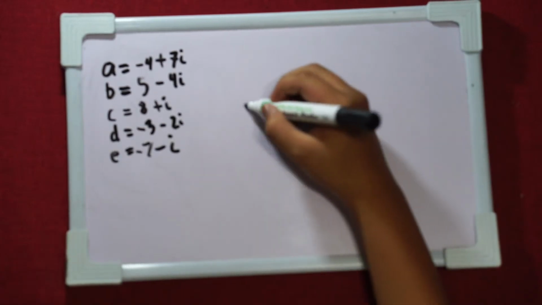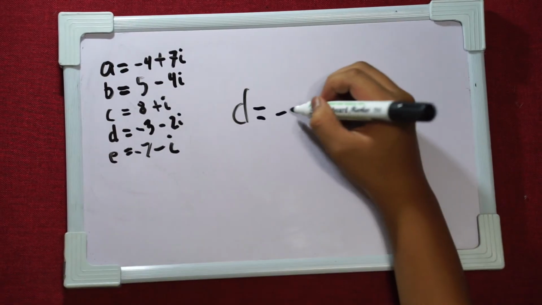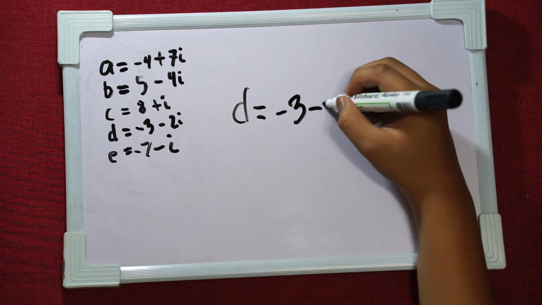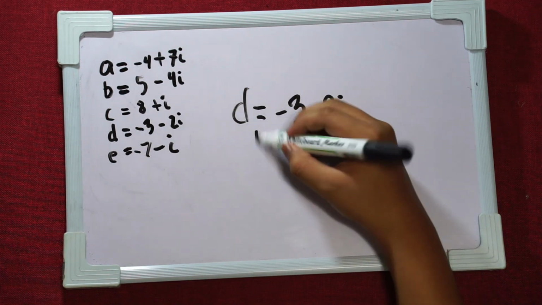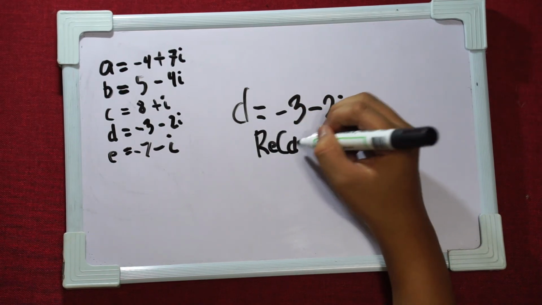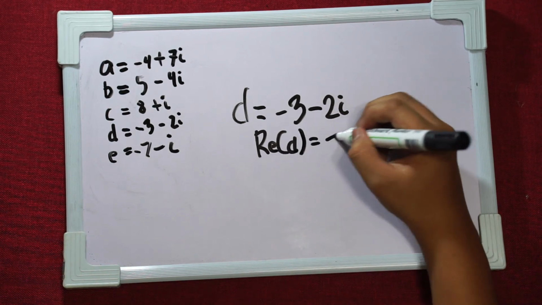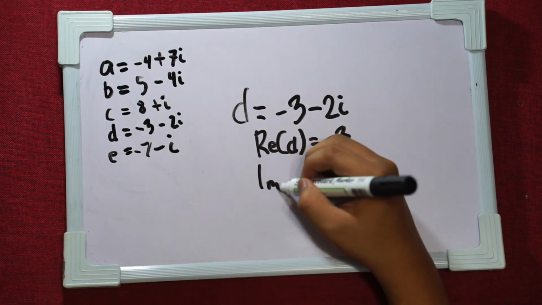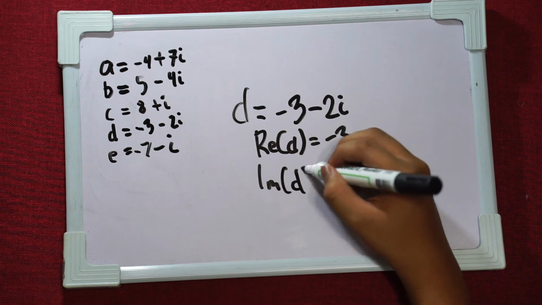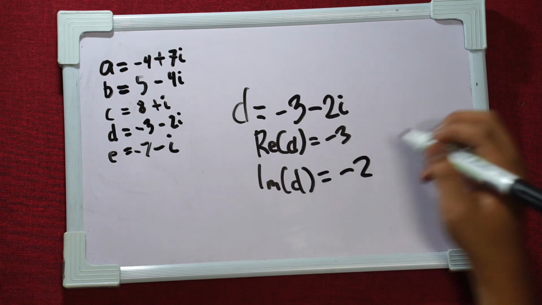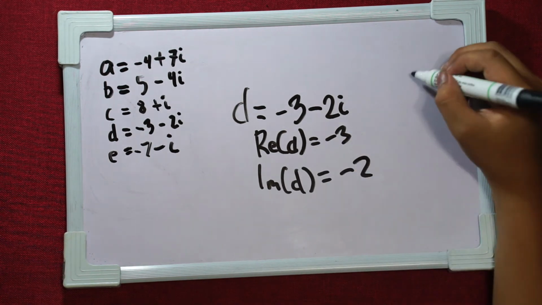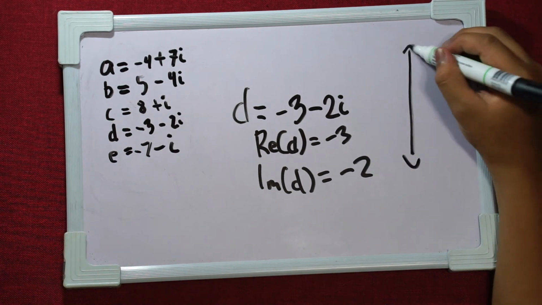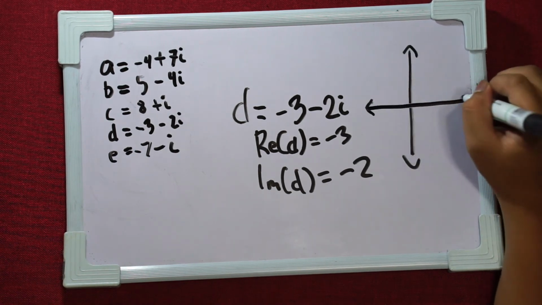Going to answer d, which is negative 3 minus 2i. The real part of d is negative 3 and the imaginary part of d would be negative 2. When we plot this on a complex plane, it would look like this.